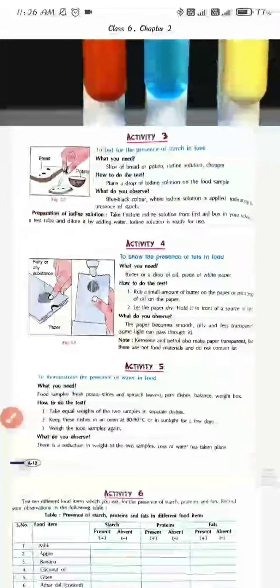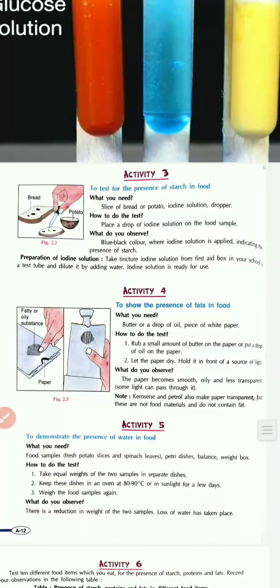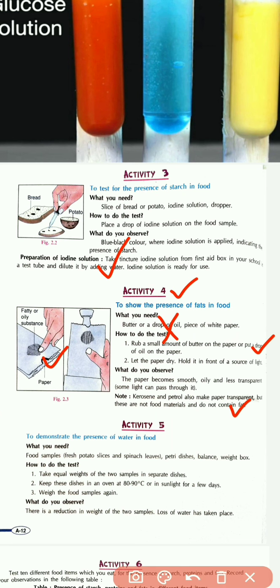Next, activity 3. In activity 3, you can see the presence of starch in the food. For that, what you will need: a slice of bread or potato, iodine solution, a dropper. Okay, these are the 3 things. Next, you will place a drop of iodine on the food sample, as you can see in the picture.